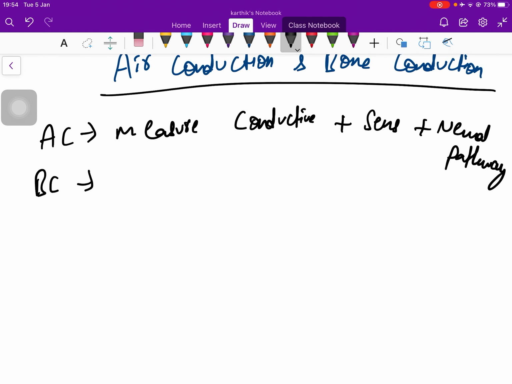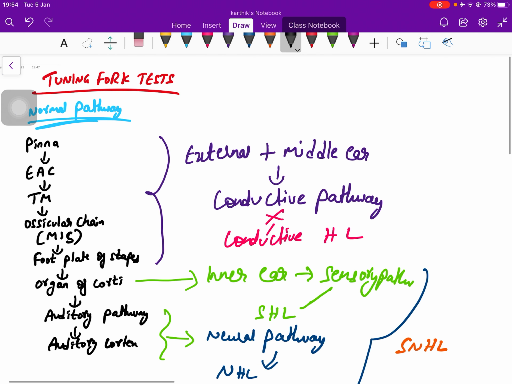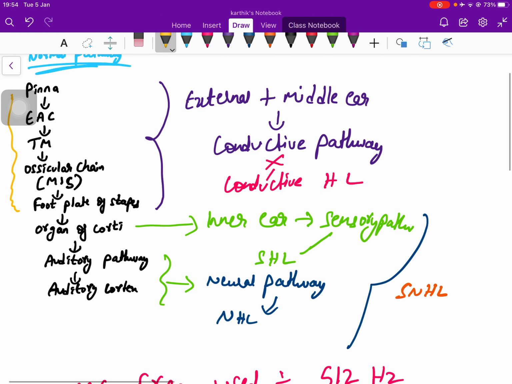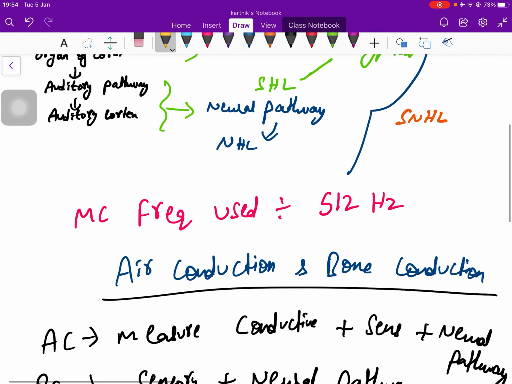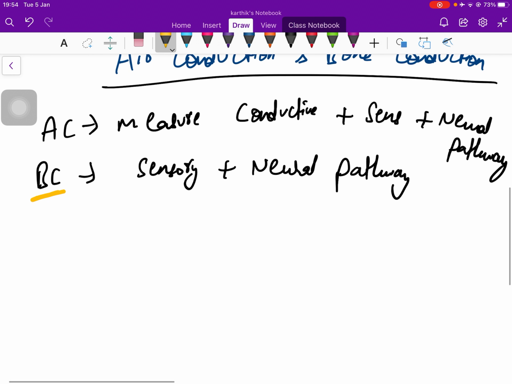And for bone conduction, you only measure the sensory plus neural pathway. The conductive pathway is not tested while doing bone conduction.